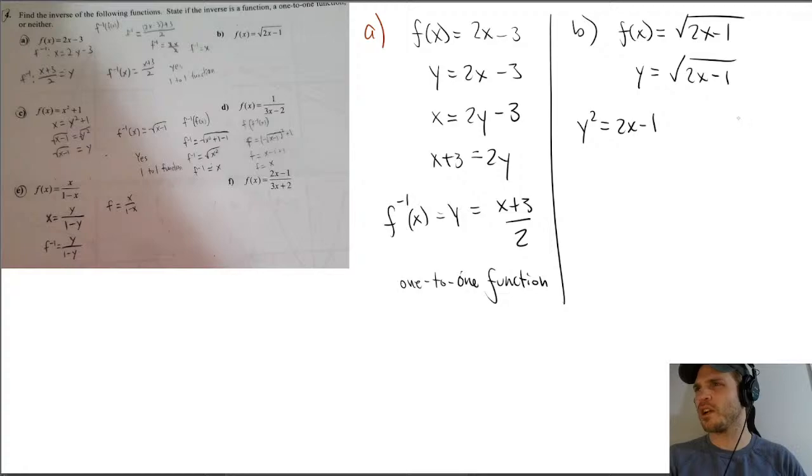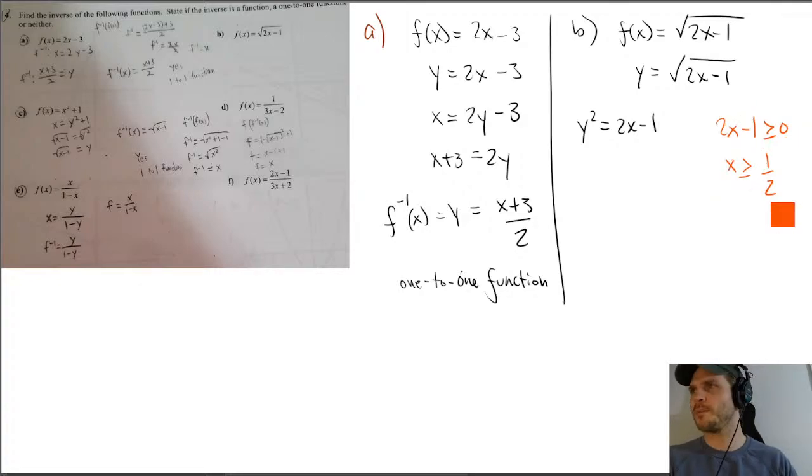Here I want to make a note for myself that 2x minus 1 has to be greater than or equal to 0, and so y has to be greater than or equal to 0 there. So x has to be greater than or equal to 1/2. Just solving this inequality gets me that. That'll help us figure out what's going on when we get the inverse.